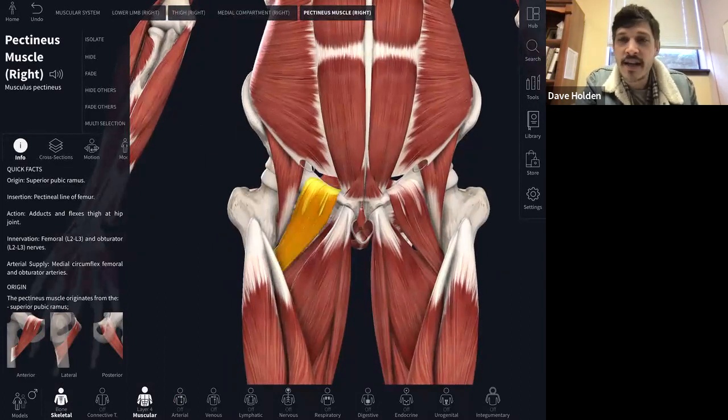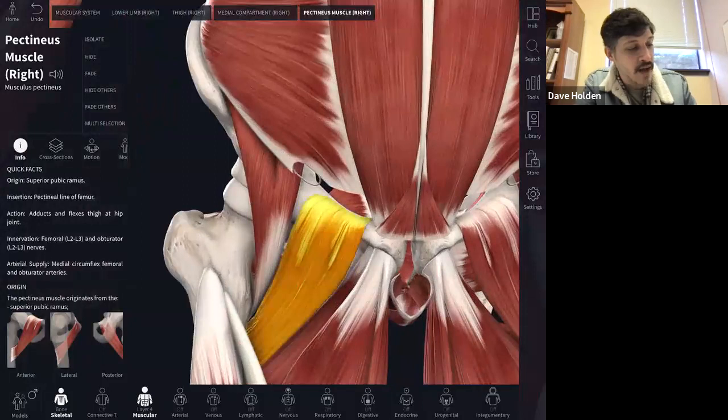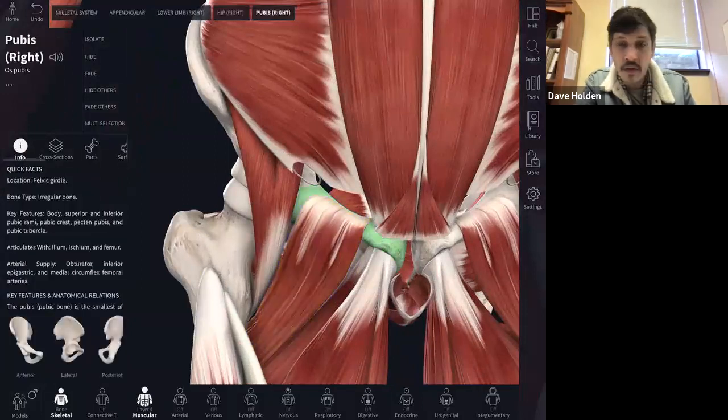So we can imagine kind of where this muscle is going to be. Where are we going to have to be working on our client? You're going to have to be working right up into the inguinal region, right? Right up against the inguinal ligament, because that is where you'll find the pubic bone running right along the inguinal ligament. You're going to have to be working in the inguinal triangle.